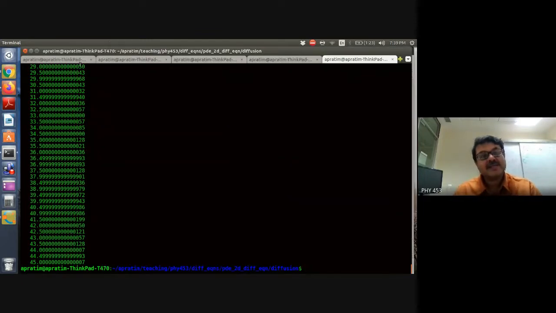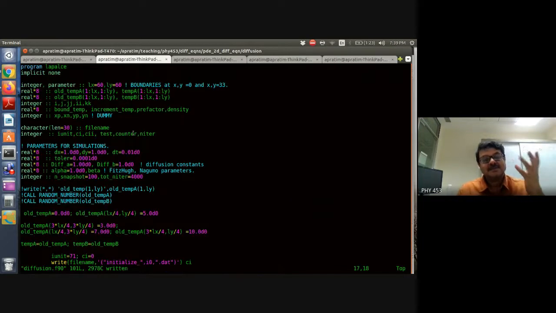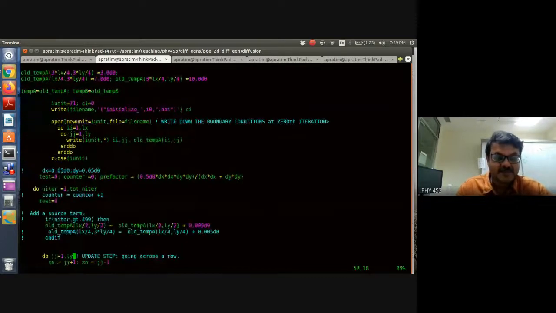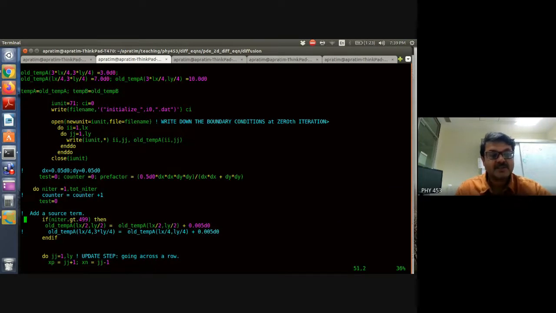Suppose you make the liquid addition itself time dependent, which means that only after the number of iterations has crossed, say, 999, you start adding liquid. Everything else remains the same.